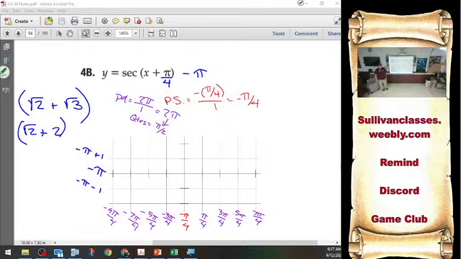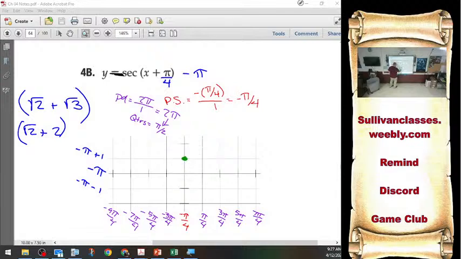Secant is a reciprocal of who? Cosine. Cosine normally starts at midline or maximum. Okay. All right, I should have put on here, what if there's a negative in front? The only thing that changes is I'll start down here and then same business as usual, okay?